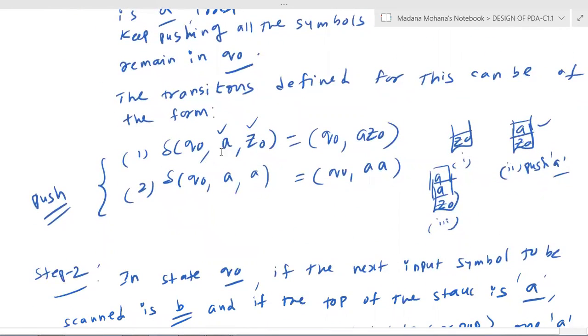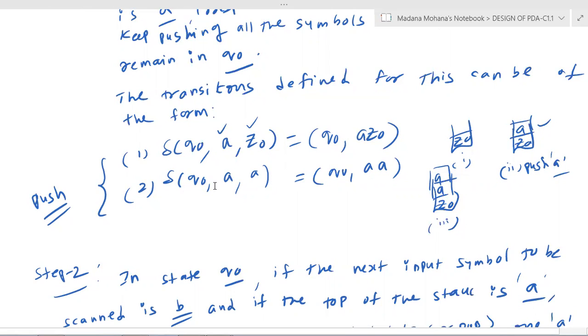So for the first transition, we are at the Q naught state. Our input is A, and the initial stack contains Z naught. Then A is pushed onto the stack, and the stack becomes A Z naught. Whatever element you are pushing will be placed on top of the stack. Every time, the newly inserted element will be placed on top of the stack.